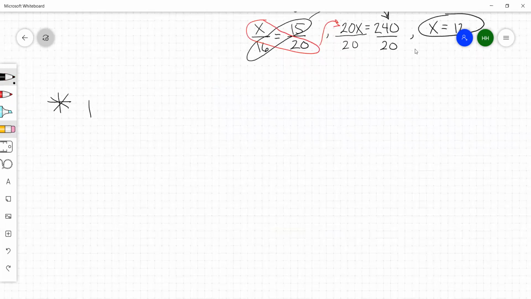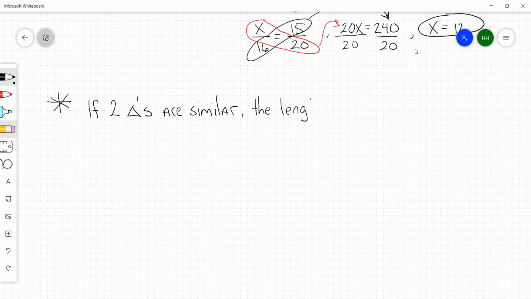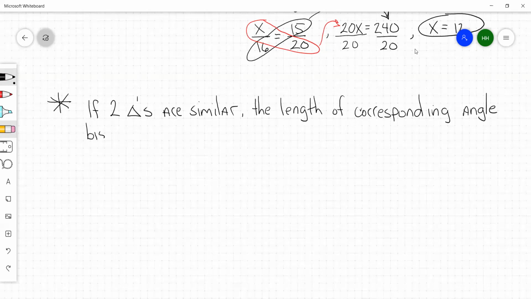If two triangles are similar, the lengths of corresponding angle bisectors are proportional to the lengths of corresponding sides.